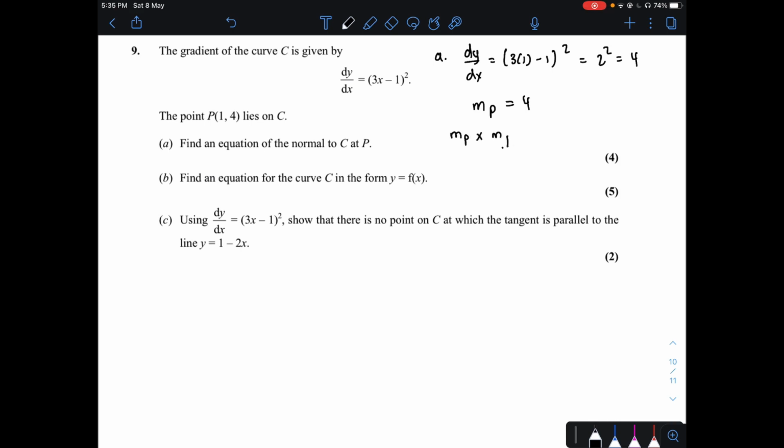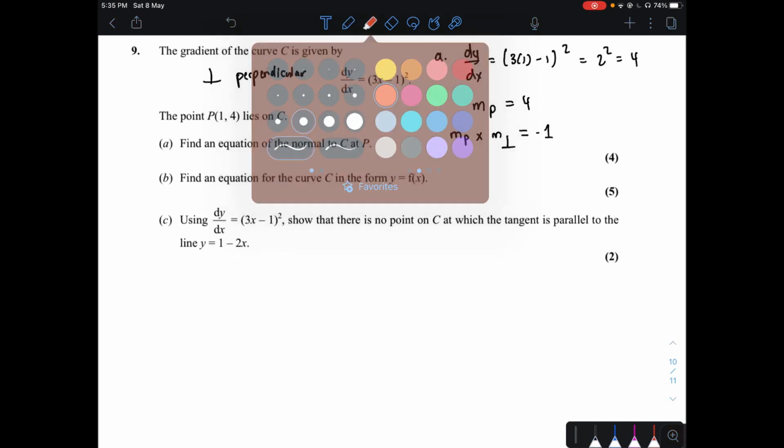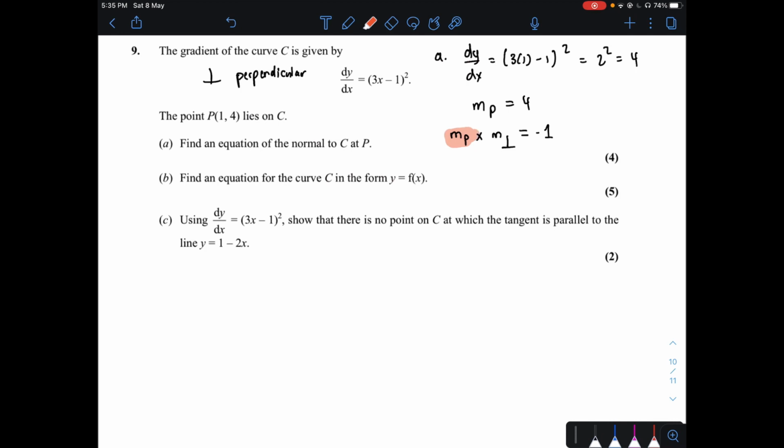That's just something I picked up. I've seen a lot of people do it. It's very easy to remember. So perpendicular usually equals -1. That's the key thing we're supposed to know about perpendicular lines, right? So the gradient of the line times the gradient of the perpendicular line should equal -1, or else it's wrong, right? So that's the key concept here.